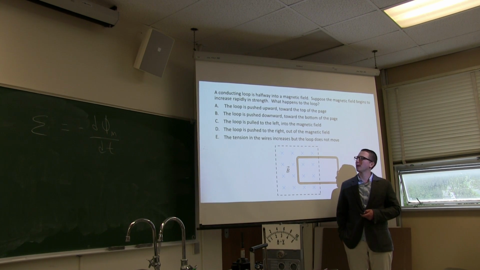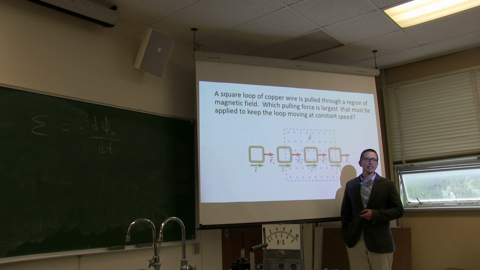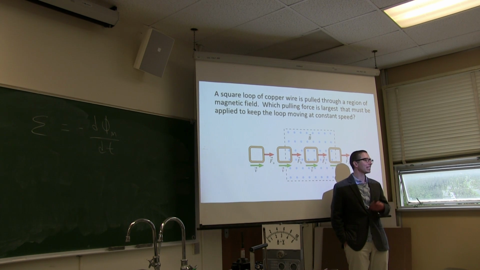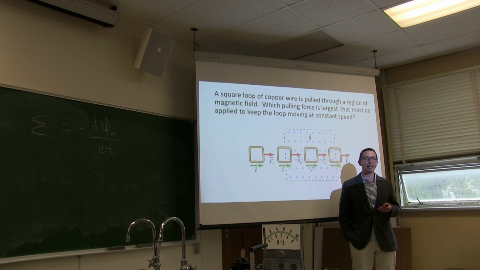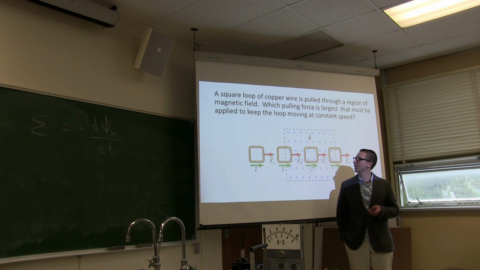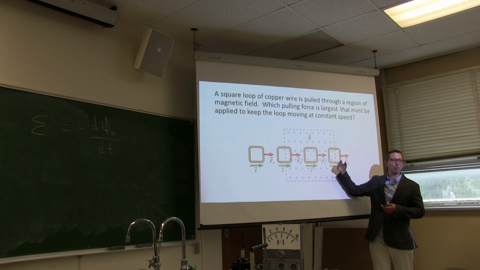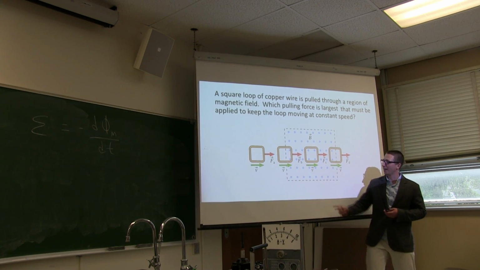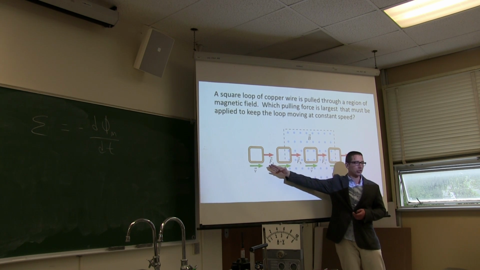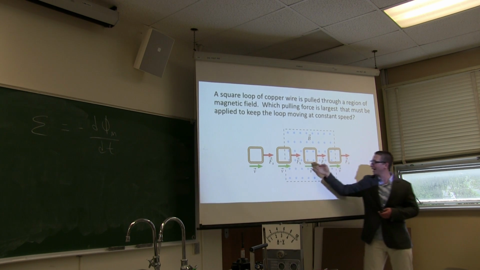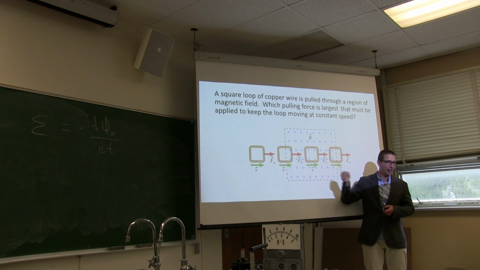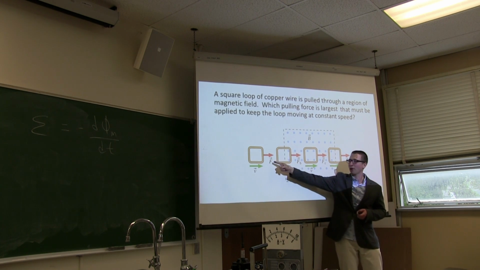Okay, let's try another example. In the previous example I was changing the magnetic field. This time I'm not changing the magnetic field, but I'm dragging a loop into a region of uniform field which now points out of the board. This force F is shown in snapshots of the ring at different locations, and I'm pulling the loop to the right with a force.